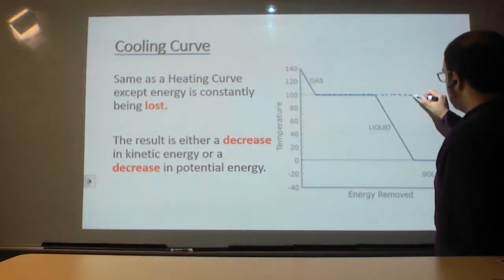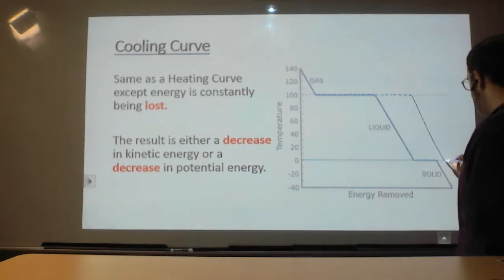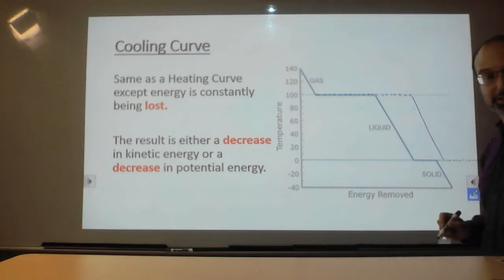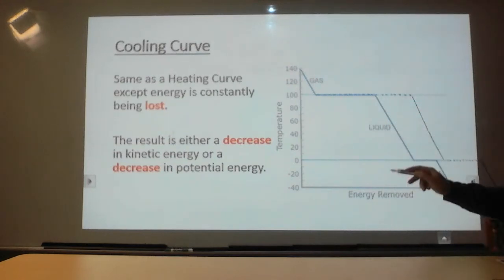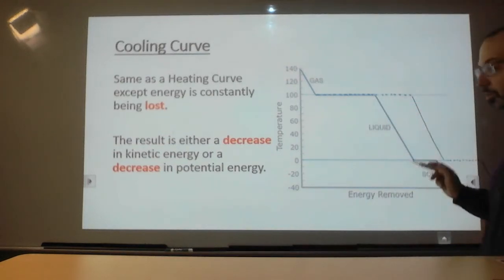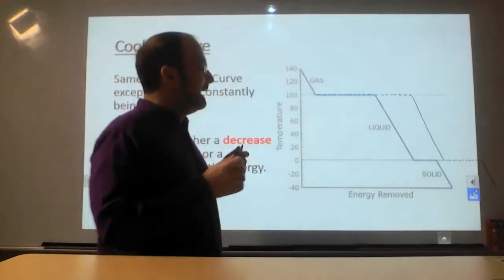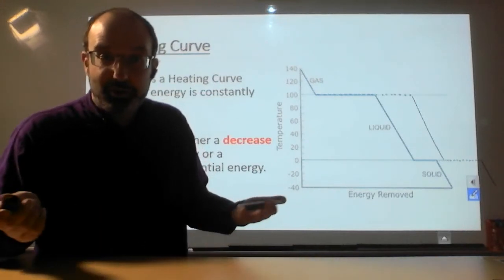Then, of course, just like before, I'll cool down. And then now it's going to take me longer again. So much longer, I'm going to go off screen a little bit there. Just barely. And then it's going to go down again. So we'll see that these plateaus, these phase transitions, are longer. Why are they longer? Because there's more material to freeze, so it takes more energy.